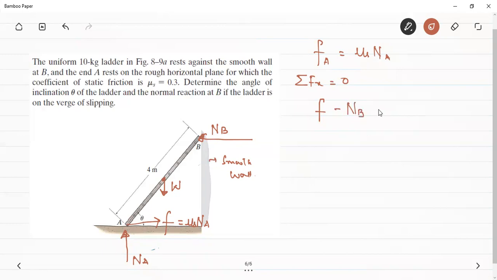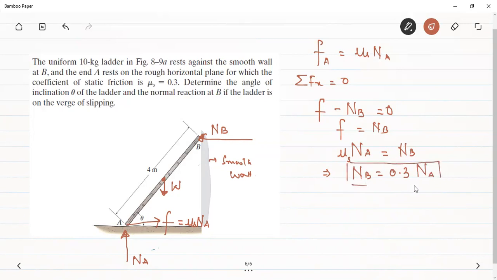Therefore, friction force will be equal to NB. Since this friction force is equal to mu S NA, where mu S is the coefficient of static friction, 0.3, NB is equal to mu S NA. This is the first equation.